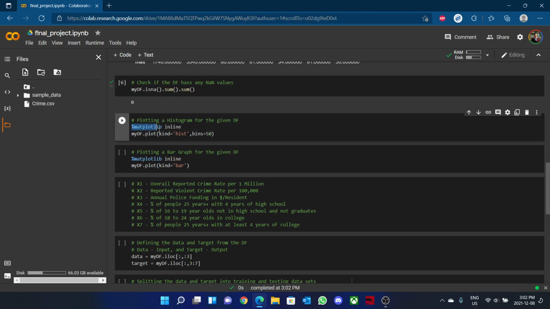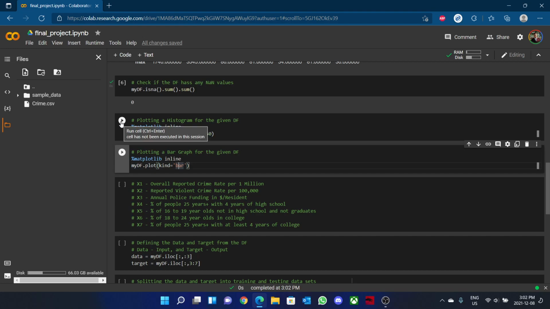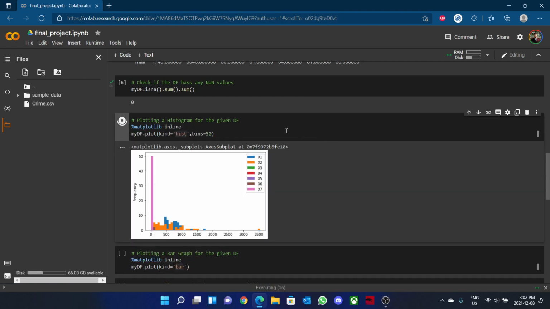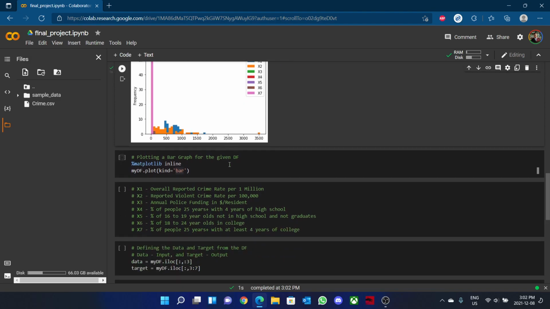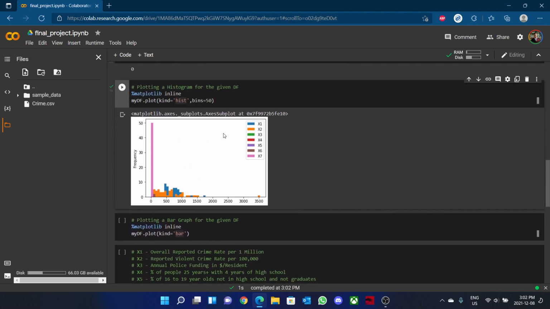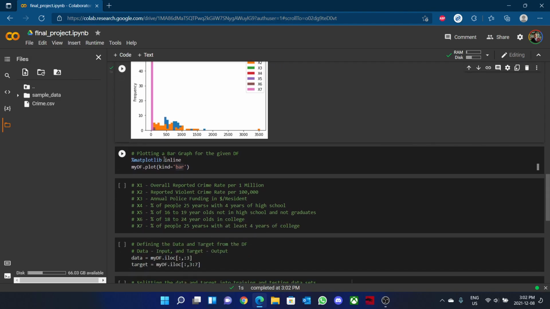Now we're using inline matplotlib to plot a histogram first and then a bar graph, because we had to display the data in 2 different forms. Let's go. So this is the histogram for the data given for x1, x2, x3, x4, x5, x7, and then here's the bar graph for the data.